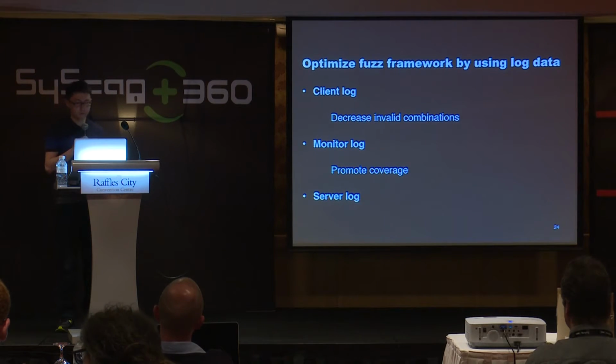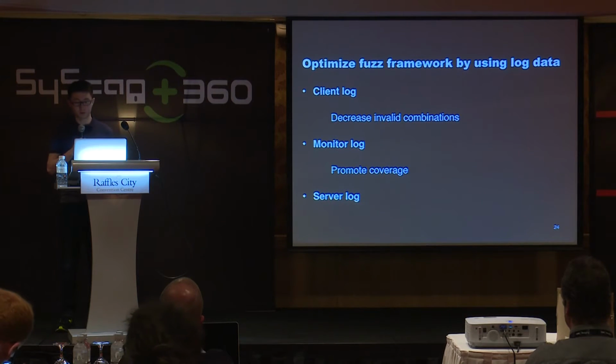At the beginning, when we used this fuzzing framework, we got many crashes in a short time. However, after digging out relatively simple vulnerabilities, how are we going to find more complex issues? At that time, we saw that maybe we need to optimize the fuzzing framework.